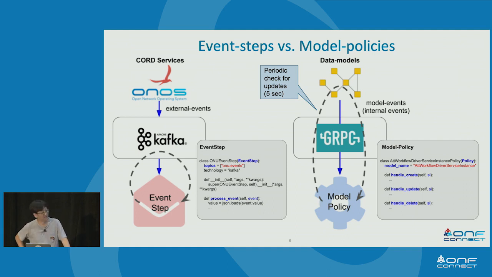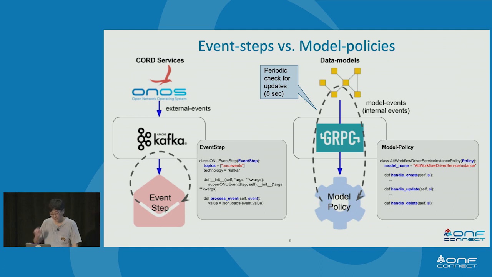They not only have different interfaces, but also behave differently. Event steps are implemented with the Kafka message bus. When an event is raised by external services like ONF, the event is sent to Kafka and buffered. Later, the event step detects the event.